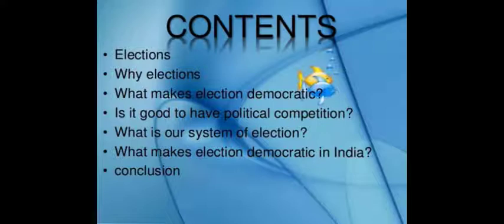Before I start explaining all these points, I want to tell you the election story of Haryana where we are living, so that you can understand and develop your interest in this chapter. Let's try to access the election of Haryana in India.